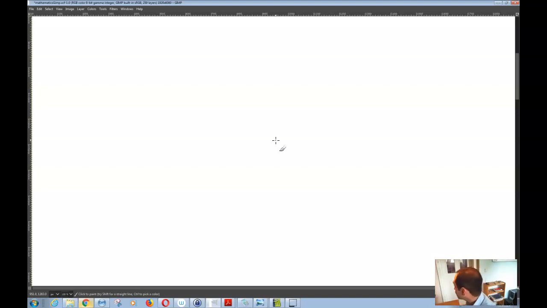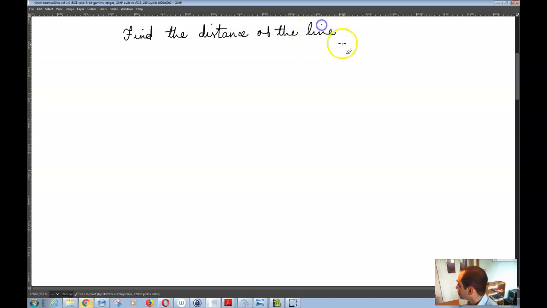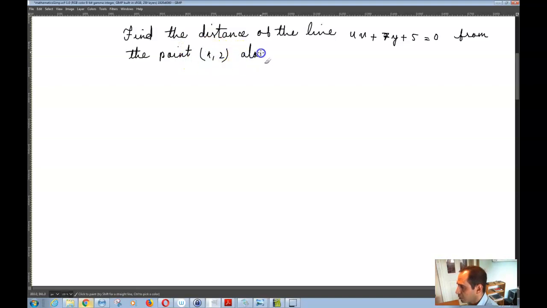Find the distance of the line 4x plus 7y plus 5 is equal to 0 from the point (1, 2) along the line 2x minus y is equal to 0.